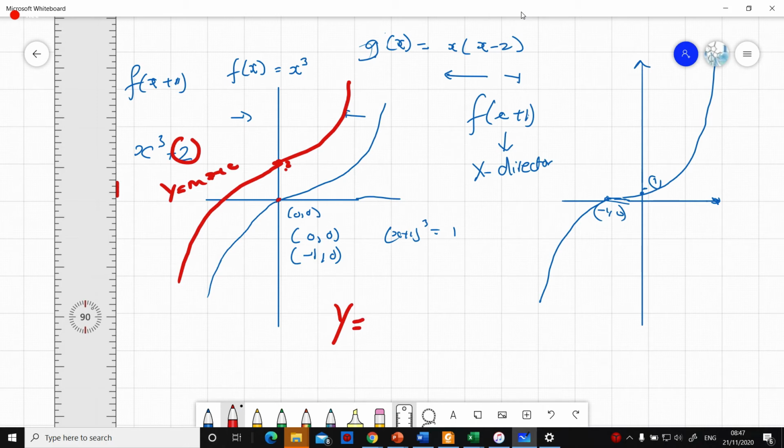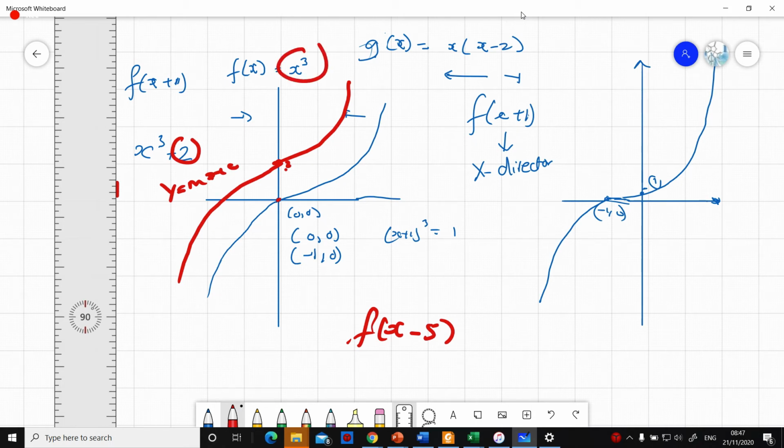Sorry, this video is going to take long. But y is equal to, okay, y is equal to x open bracket. If we say the f of x, and this is going to be inside the bracket, sorry, of minus 5.